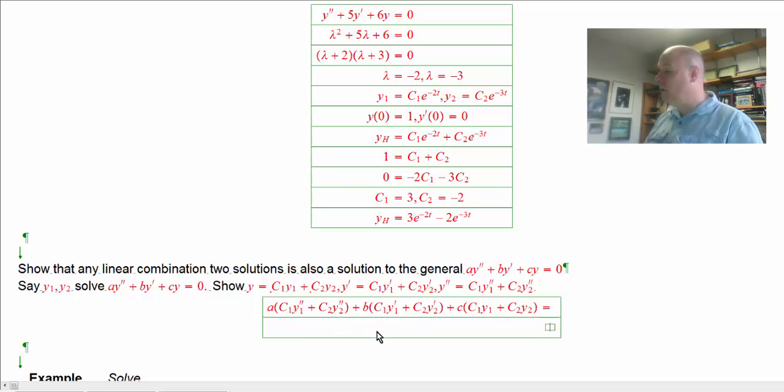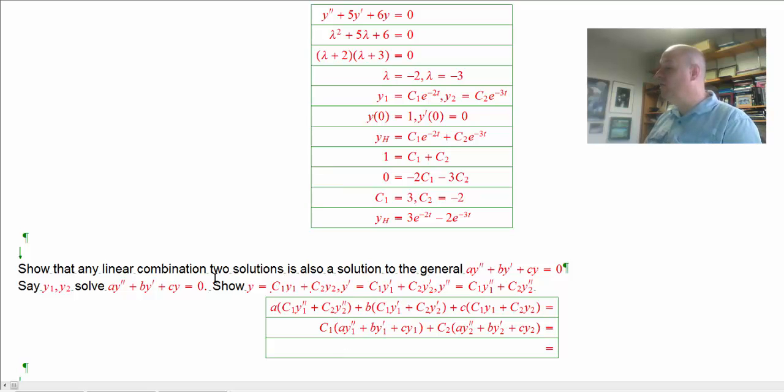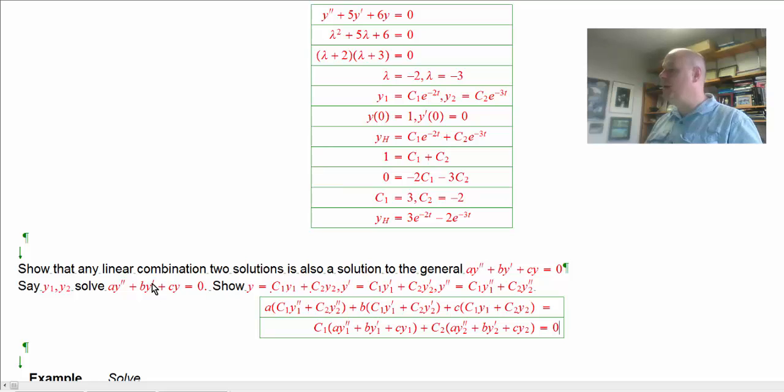Now I'm going to collect on all the y1s and collect on all the y2s, and when I do that, I'm going to get c1 times, it's easier for me to do this, which equals... Well, since y1 solves this differential equation, this expression must be equal to 0, and since y2 also solves this differential equation, then this bracket has to equal 0, so it'll be c1 times 0 plus c2 times 0. I don't need that other line, the whole thing equals 0, and then what have we shown?